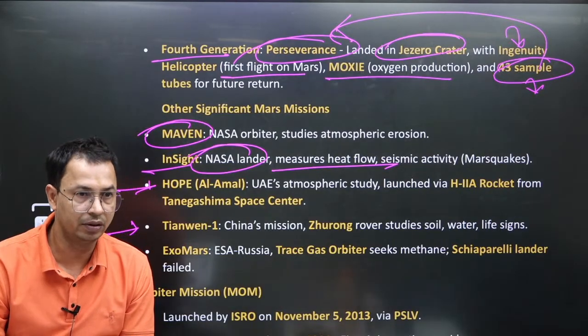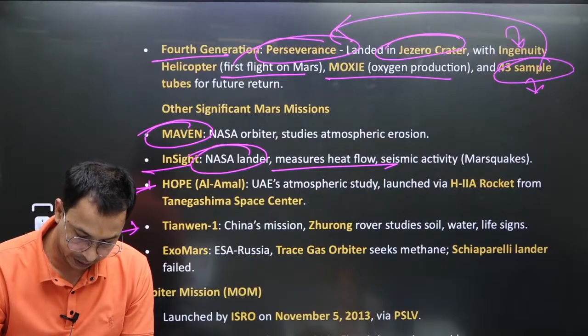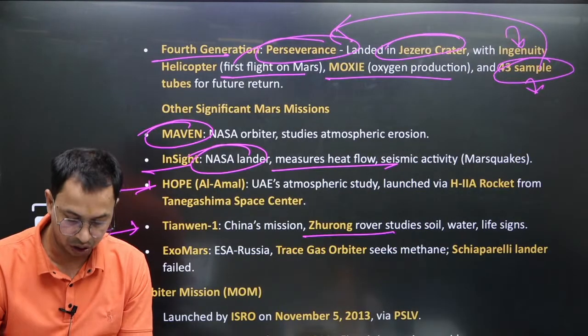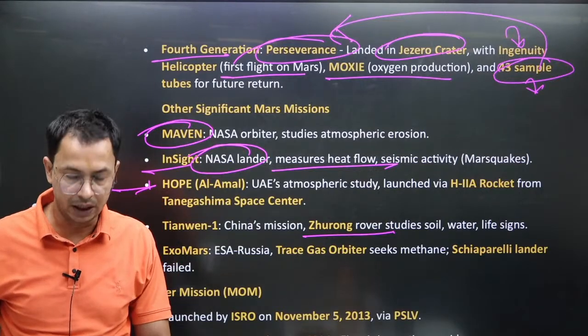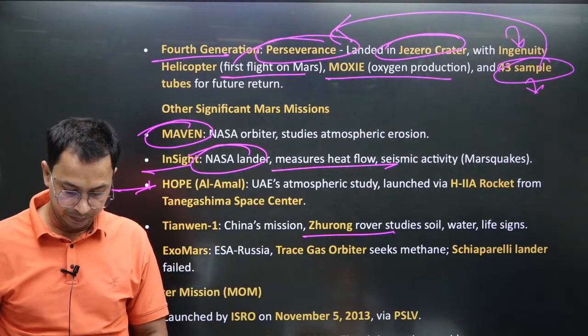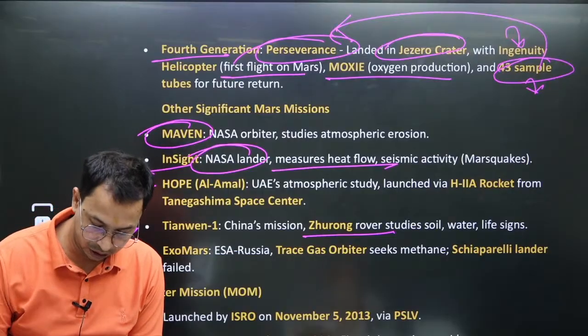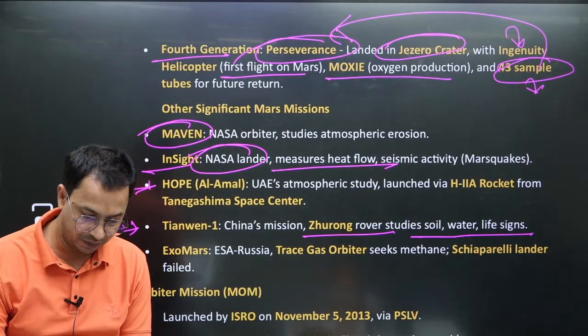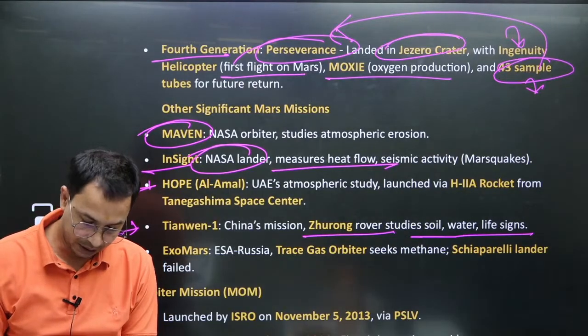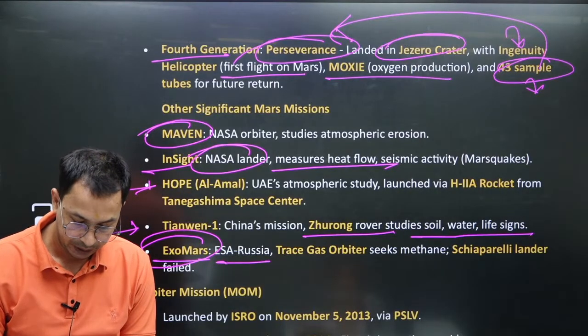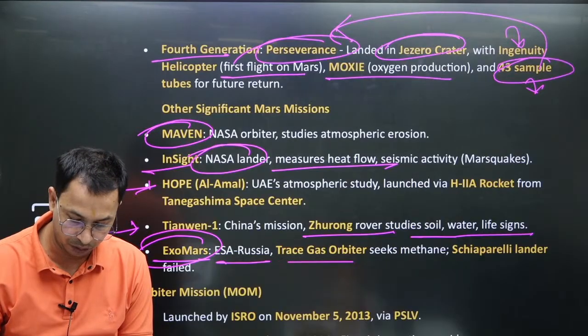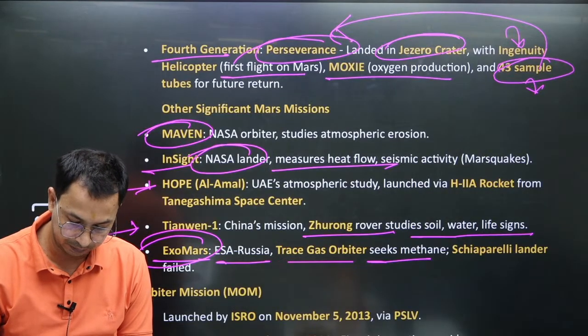In the Tianwen 1 mission, they have the Zhurong rover, and they sent orbiter, lander, rover, all the three things, and this will study soil, water and life science on Mars. Then we have the ExoMars of Russia and Europe, and the Trace Gas Orbiter, it will seek the methane.